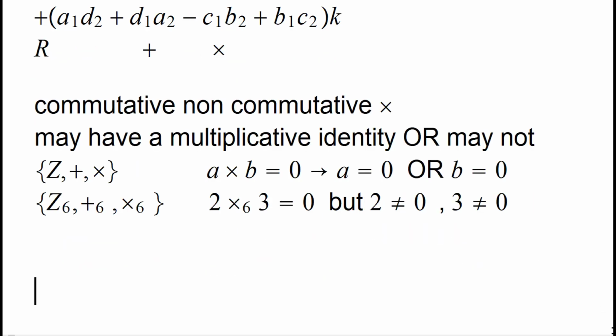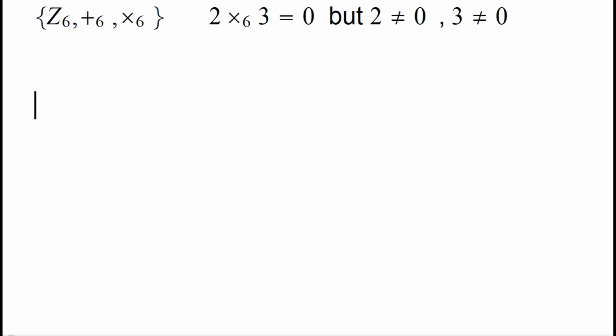So let's give them a new name. Actually, I'm not giving them a new name, this name has already been given much before I was even born. So, integral domain. So what is an integral domain?